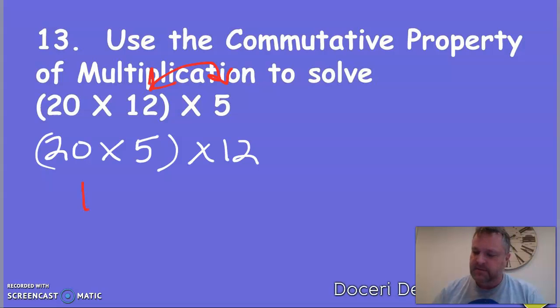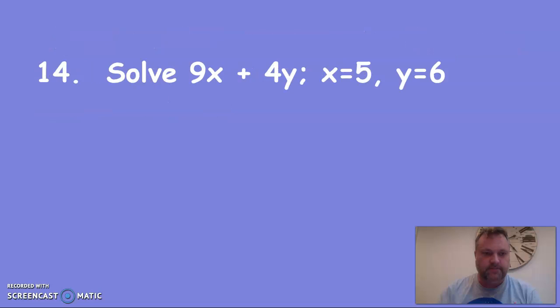And then I can still multiply by 12, and it's very easy to multiply 100 times 12 because anytime I multiply by 100 I just add 2 zeros behind it. So it's 12, and then I put the 2 zeros from the 100 behind it, and I have my solution using the commutative property. So it's 1,200.